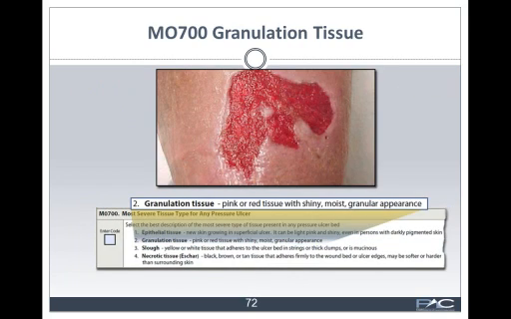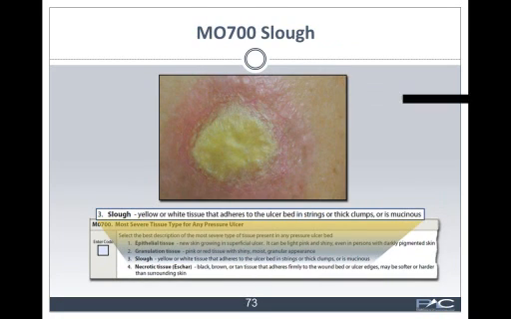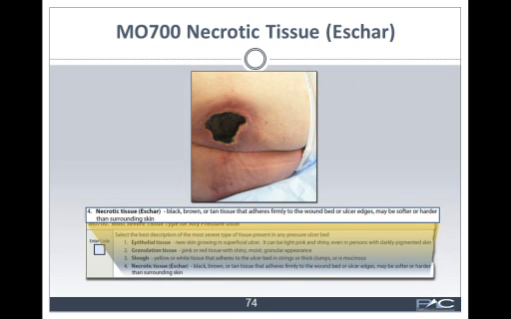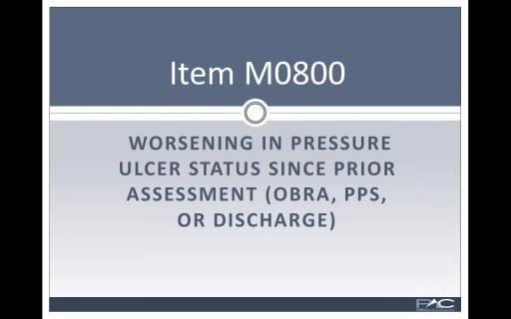The granulation tissue is pink or red tissue with shiny, moist, granular appearance. A SLOP, yellow or white tissue that adheres to the ulcer bed in strings or thick clumps or is mucousy. Then you've got necrotic tissue, which is eschar, and that may be black, brown, or tan tissue that adheres firmly to the wound bed or ulcer edges, maybe softer or harder than the surrounding skin.